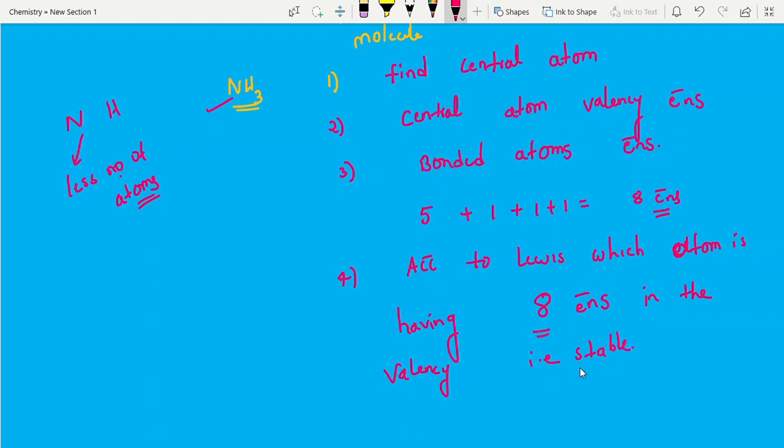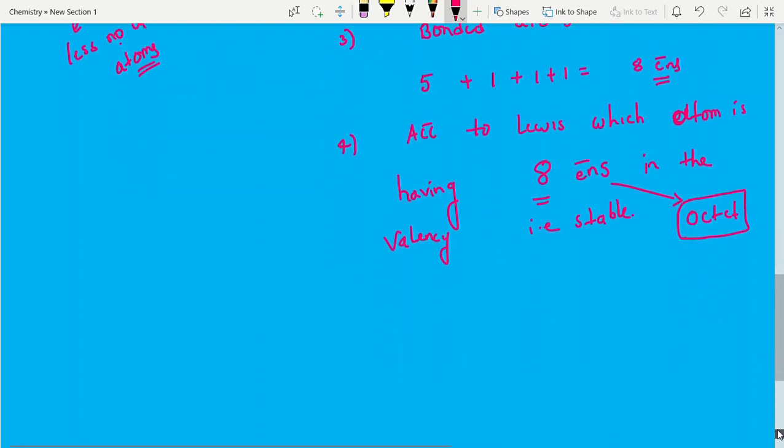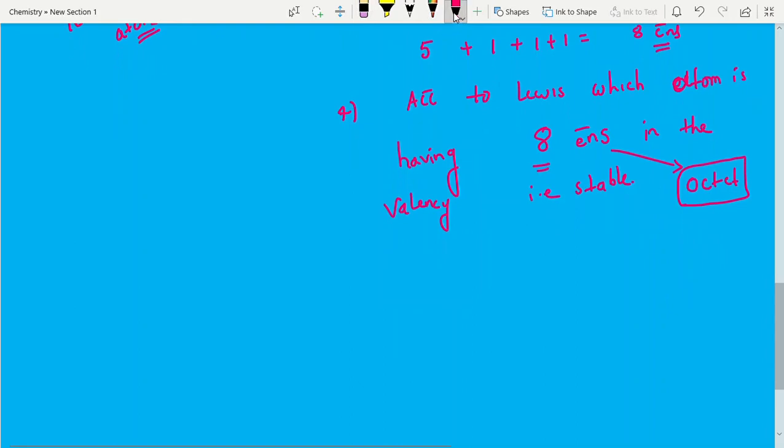Clear, students? So 8 electrons, we call it the octet rule. Octet is nothing but 8 electrons. So what is octet rule? Define octet rule also, one of the important theory questions.